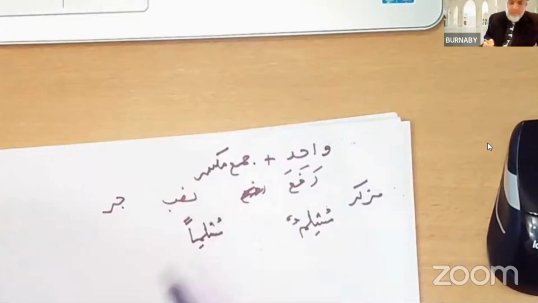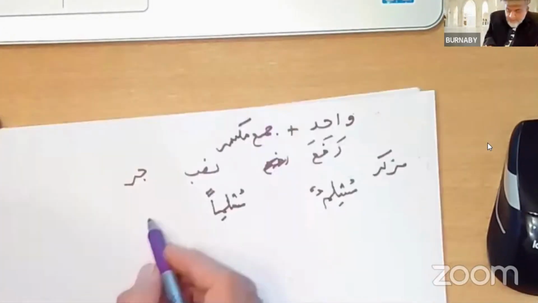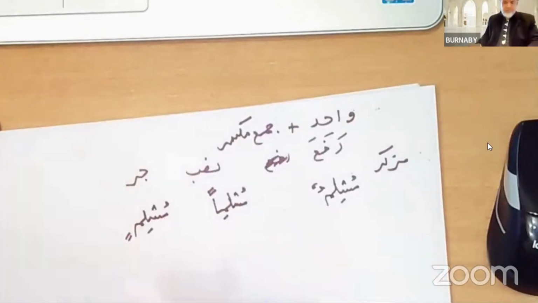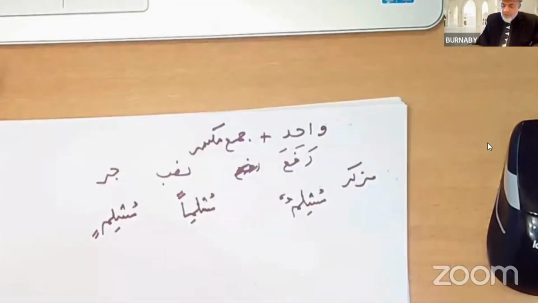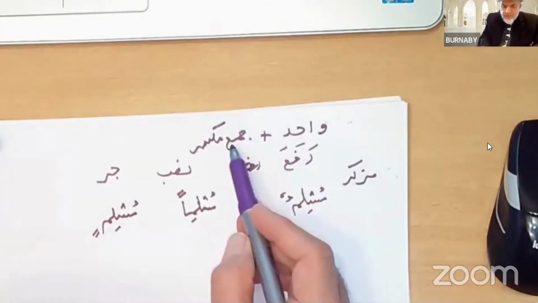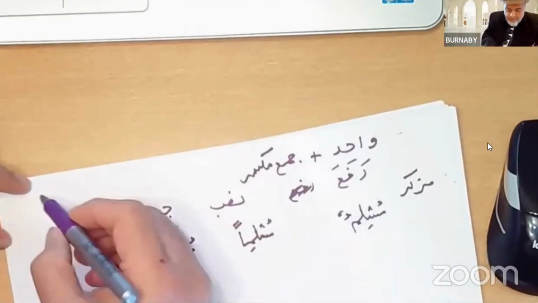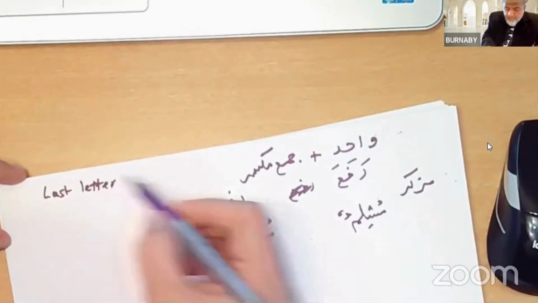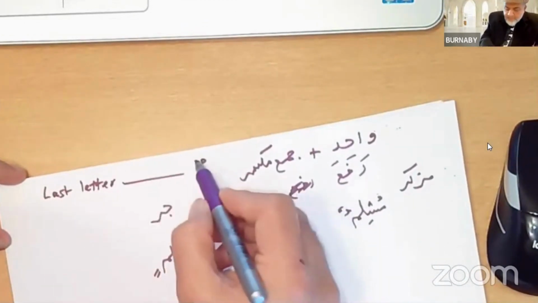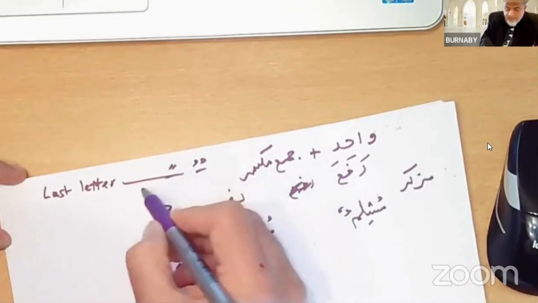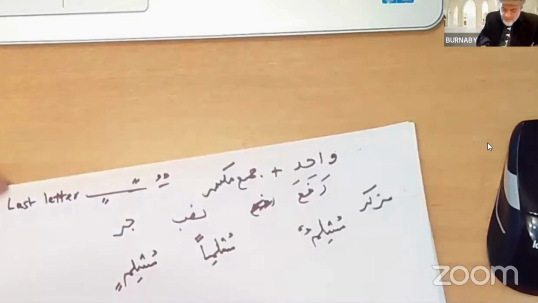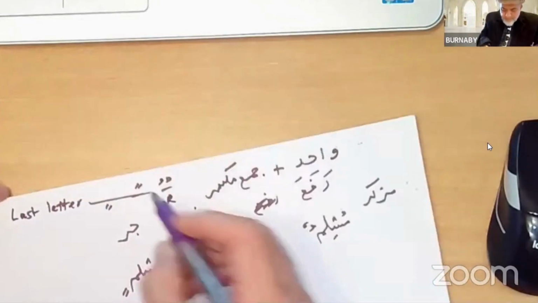And then in the Jar part, Muslimin. So for the Wahid and Jama Mukassar, the rule is very simple. The last letter will have Dammatan, Fatatan, or Kasratan. Dammatan is going to be Rafa. Fatatan and Kasratan are Nasab and Jar.